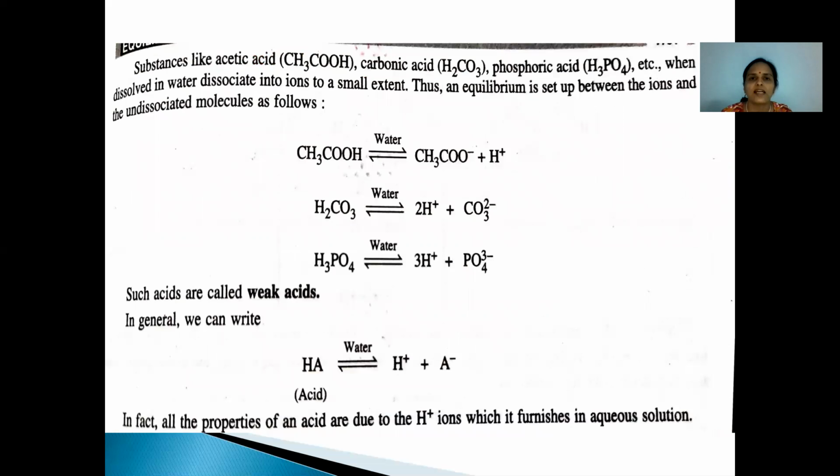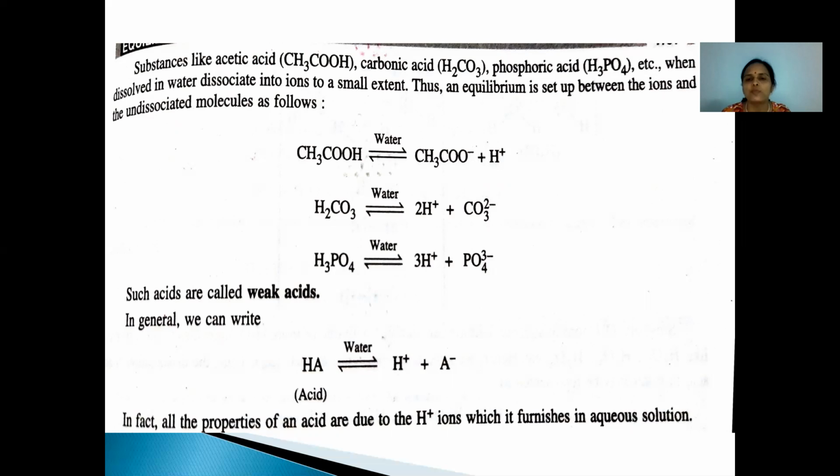Substances like acetic acid, carbonic acid, phosphoric acid, etc., when dissolved in water, dissociate into ions to a very small extent. You can see CH3COOH when dissolved in water gets partially dissociated into CH3COO minus plus H plus. H2CO3 gets dissociated into 2H plus and CO3 2 minus. Partial dissociation takes place.